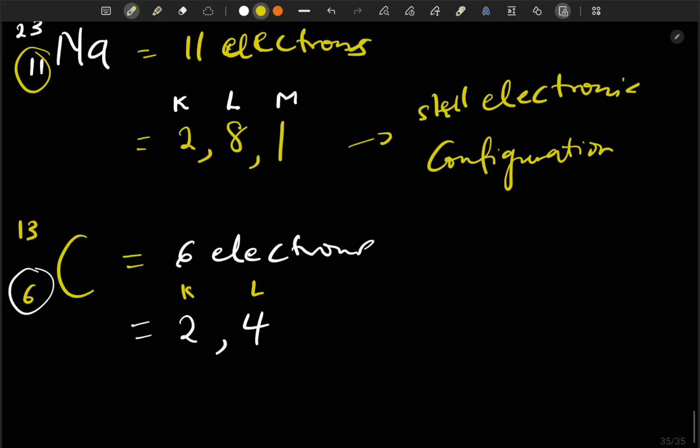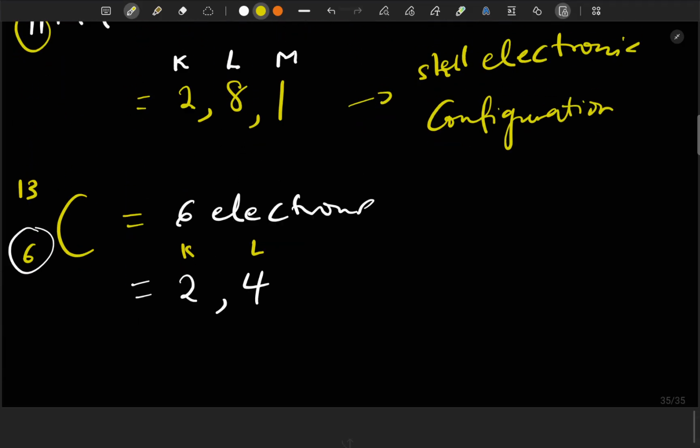Now, this electronic configuration, we can also represent with diagrams of the atom. For beginners in chemistry, you may be faced with a question that will tell you to write the electronic configuration of an atom and represent it by diagram. So let's do that for sodium and carbon.